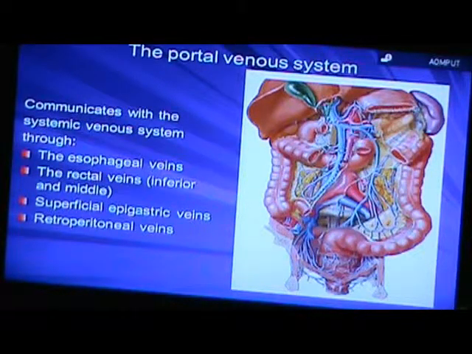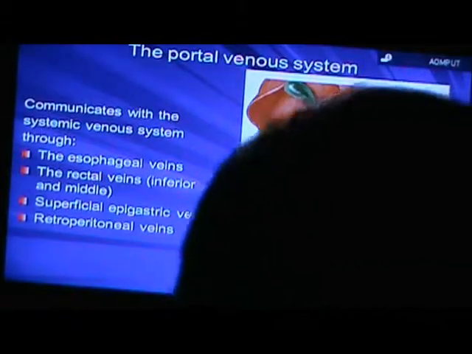Why not superior? Because the superior belongs to the portal venous system. Also through the superficial epigastric veins, which pass superficially, and the retroperitoneal veins. So let's look at the junctions.